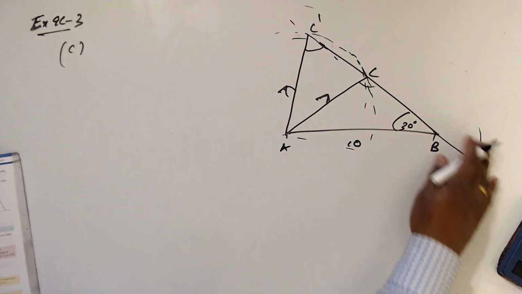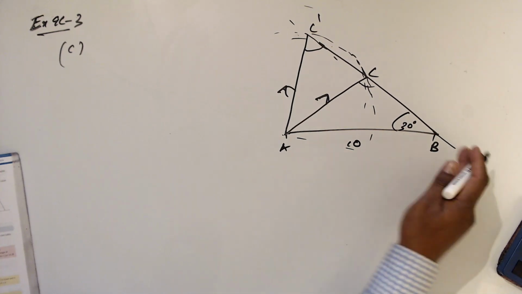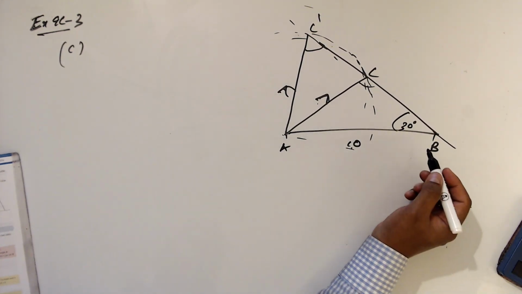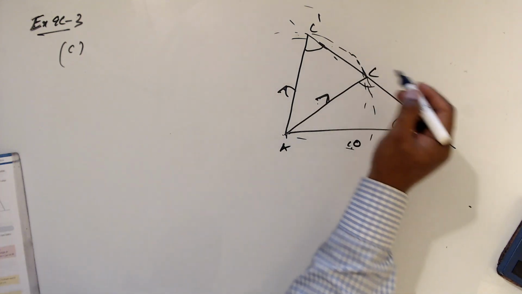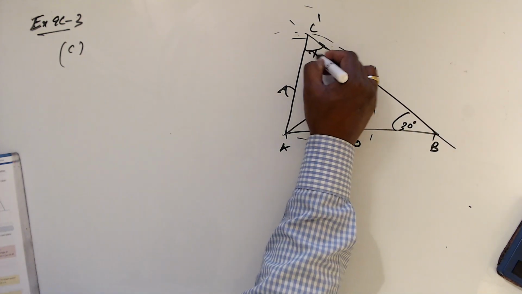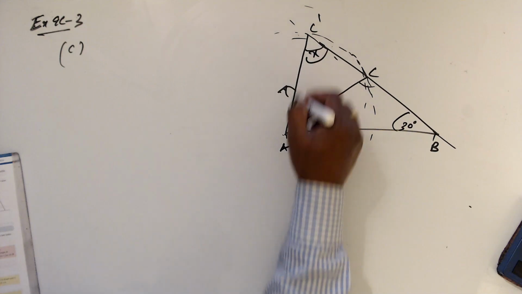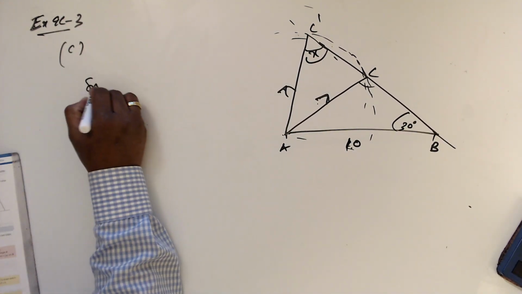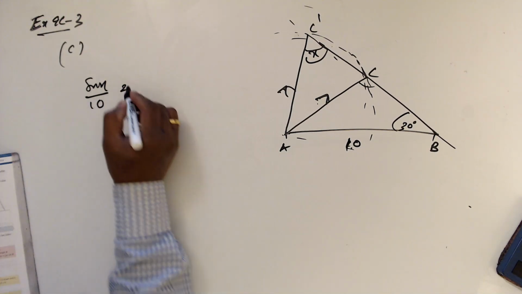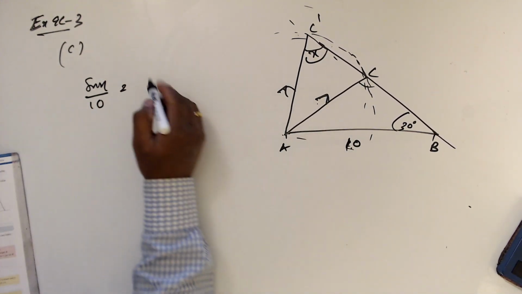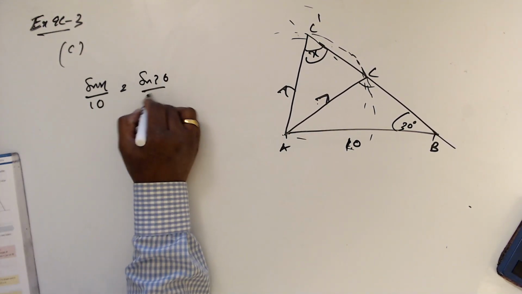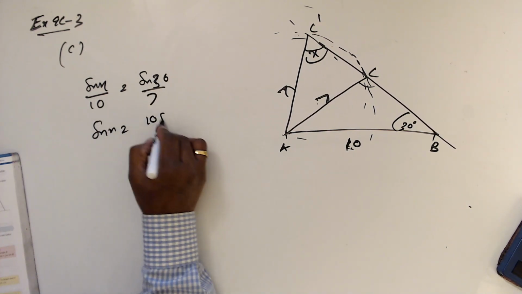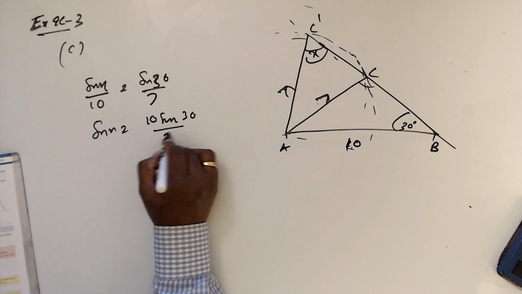So now let's work it out. This is 7 and this is 10. And I'll take this as X, and we'll consider the big triangle. So sine X over 10 equals sine 30 over 7. So sine X equals 10 sine 30 over 7.